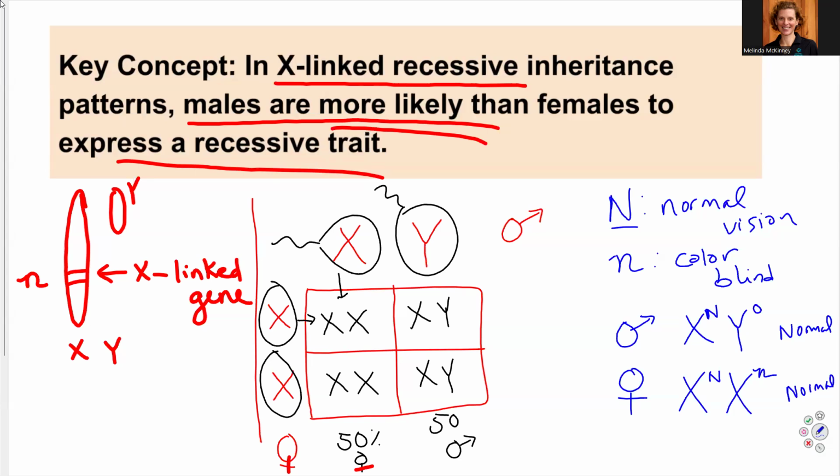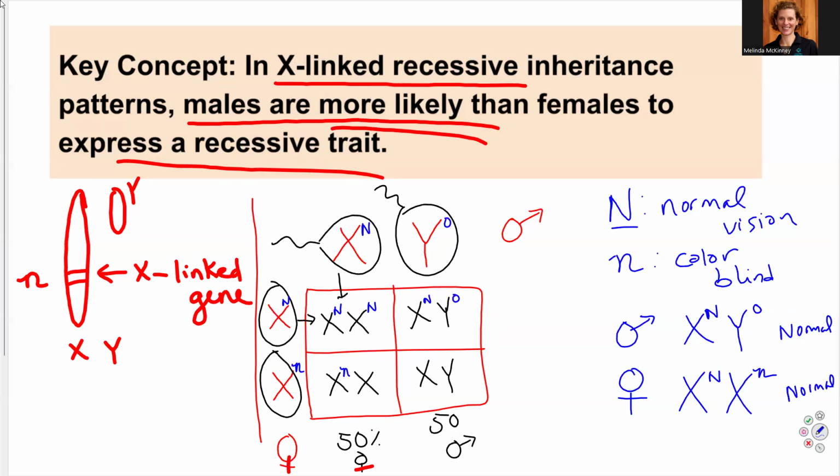So now I'm going to go back over here to our Punnett square. For the male, I'm just going to put the capital N for the color vision. I will put a 0 here for the Y. And then for the female, we've got one normal vision and one recessive allele. And then we would just, again, pair these for all of the possible offspring.